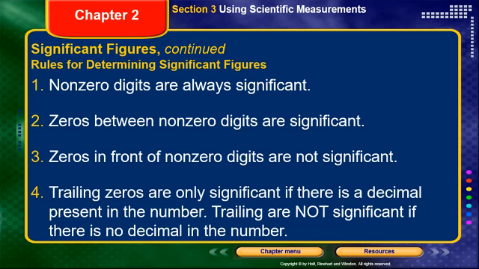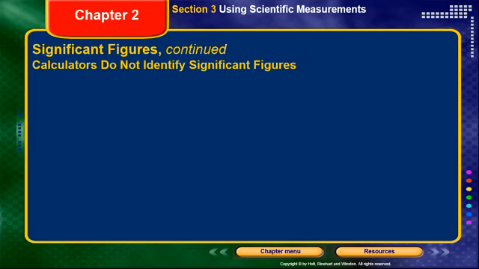If there is a decimal present in the number, the trailing zeros will be significant no matter where they are, with relation to the decimal, I mean. Now, the trailing zeros are not significant if there is no decimal in the number. If there is no decimal anywhere to be found in the number, all of the trailing zeros are not significant. Be sure to commit those rules to heart.